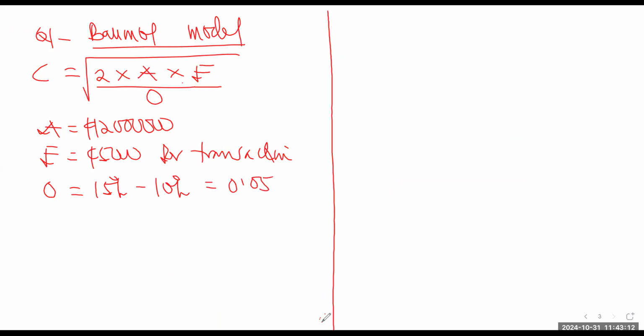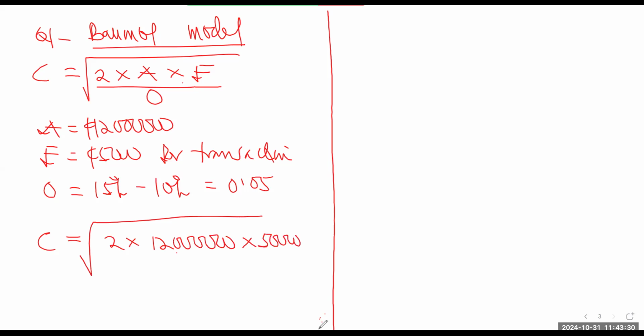Okay, so let's come to our question over here. We have the square root of 2 multiplied by 12 million, multiplied by 5,000, divided by 0.05.